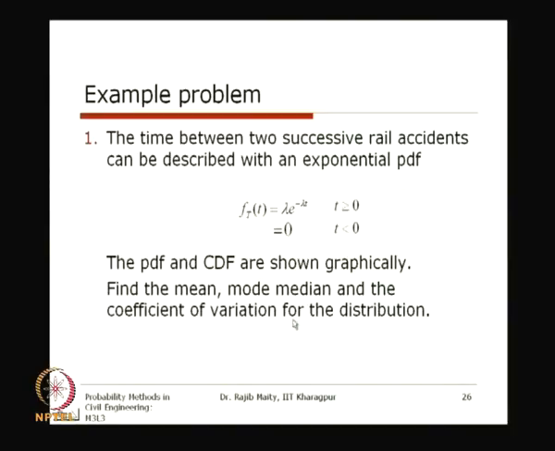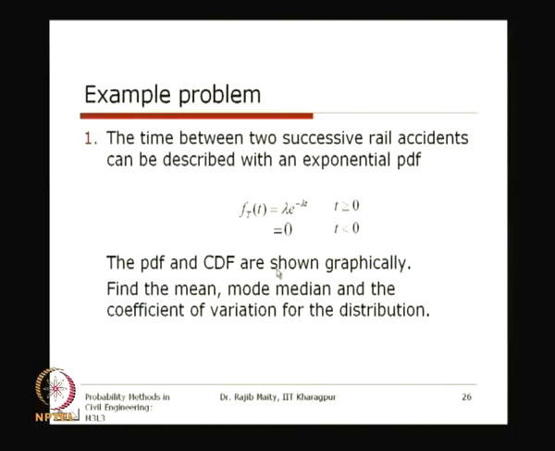So, one example problem we will take, now that we have the mean, standard deviation and variance. It is the same example that we discussed in the context of the CDF. The time between two successive rail accidents can be described with an exponential PDF, f_T(t) equals lambda e to the power minus lambda t, for t greater than or equal to 0, and 0 for t less than 0.